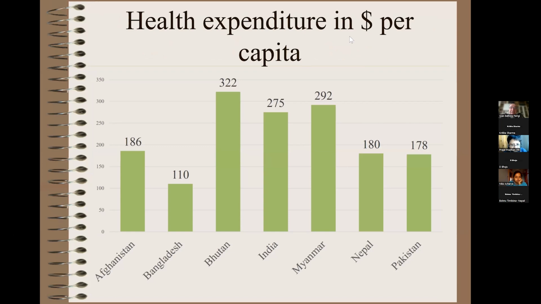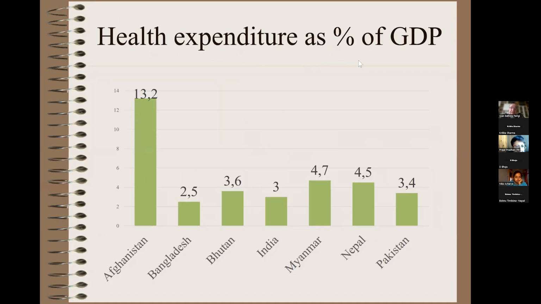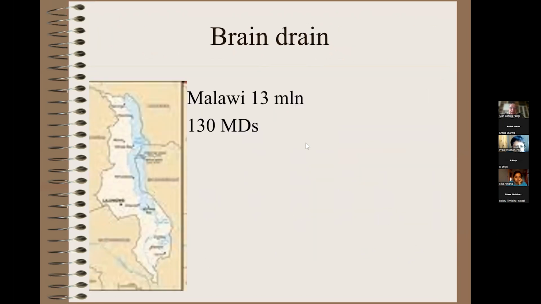In your countries, the expenditure per capita, Bhutan is the country spending the highest level, and the others are more or less in this range. If we check against the percentage of GDP, Afghanistan is spending the highest part of the GDP on health, while Bangladesh and India don't spend too much on that.